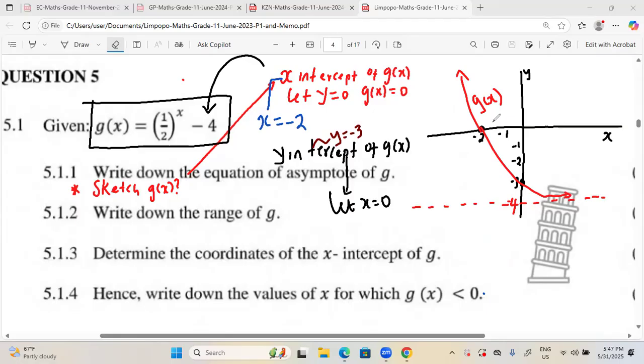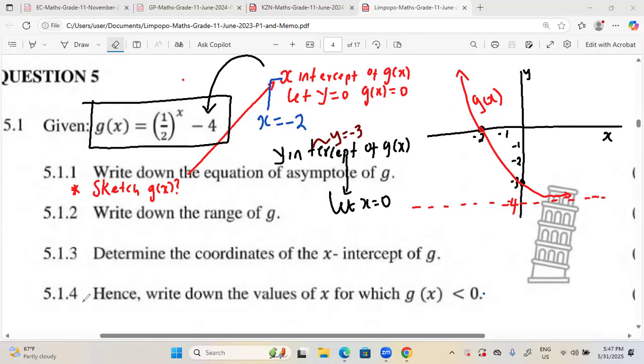So just in case they ask you how to sketch the exponential function, you know how to sketch it. You must have the x-intercept. You must have the y-intercept. You must also show the horizontal asymptote because the exponential function has the horizontal asymptote.